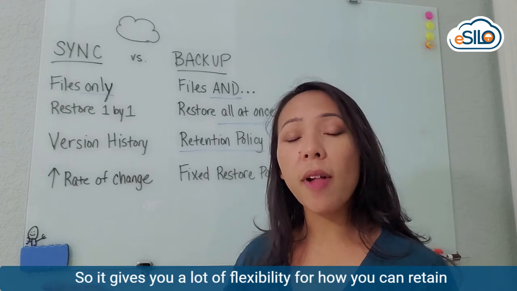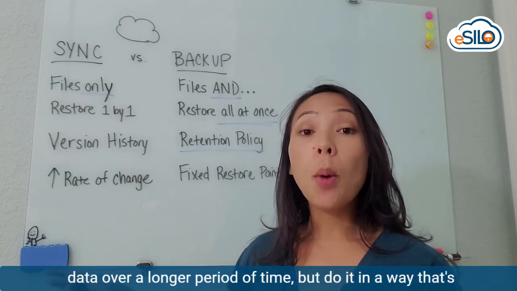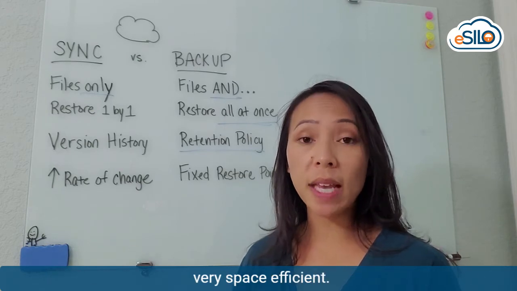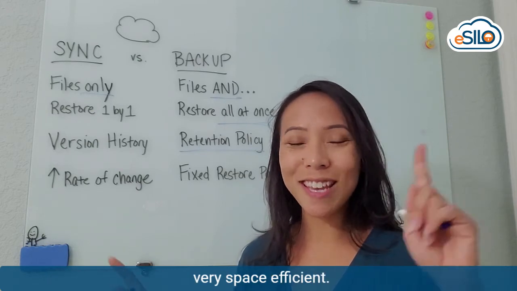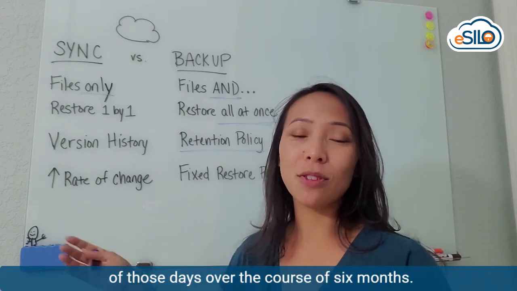So it gives you a lot of flexibility for how you can retain data over a longer period of time, but do it in a way that's very space efficient, so you're not keeping a backup copy for every single one of those days over the course of 6 months.